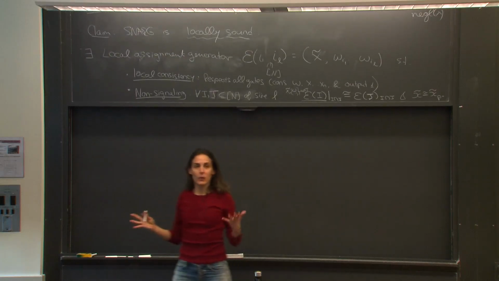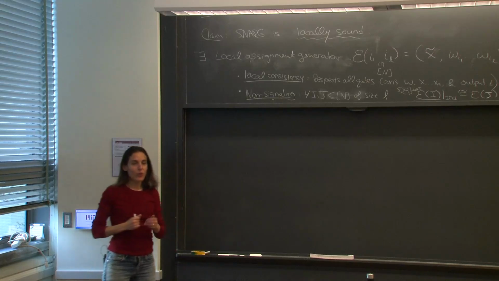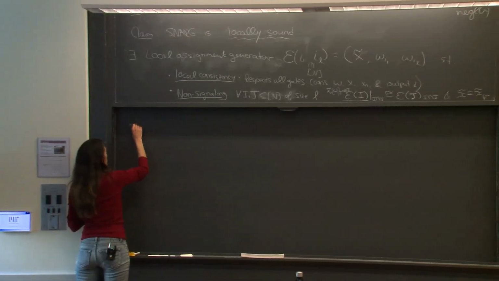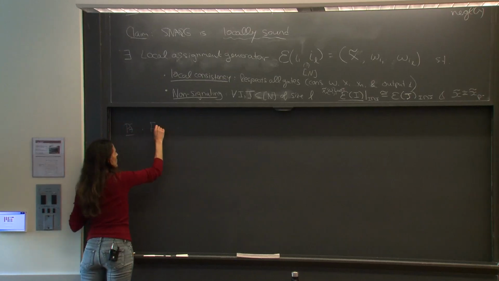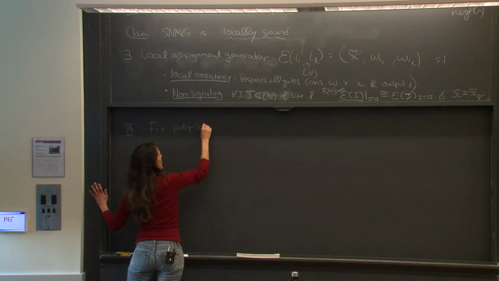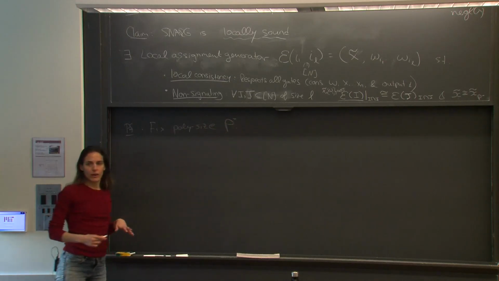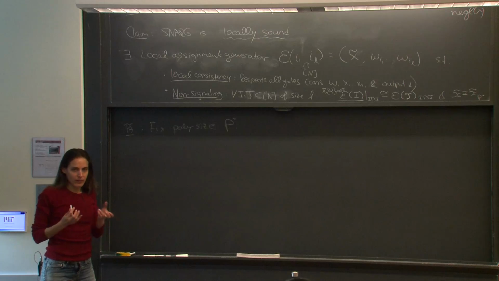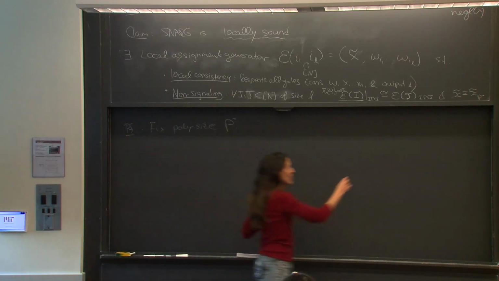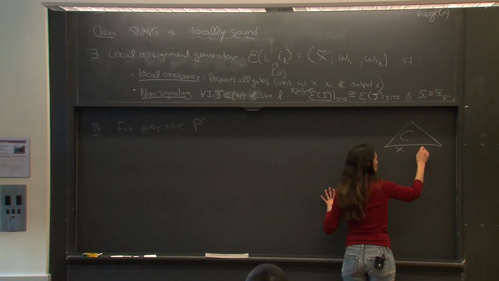Okay, let's see how we construct this local assignment generator. I have a cheating prover. So fix a polysize P star. We have the circuit C that has X, maybe a witness.